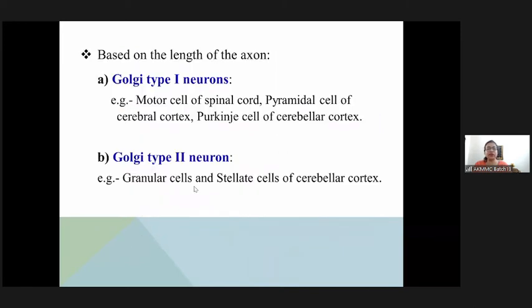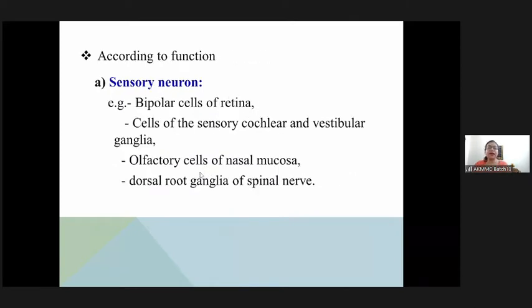There are some neurons with the shortest axons, like granular cells and stellate cells. We will find this type of cell in the cerebellar cortex. These are Golgi type 2 neurons. Okay. Now, sensory neuron.